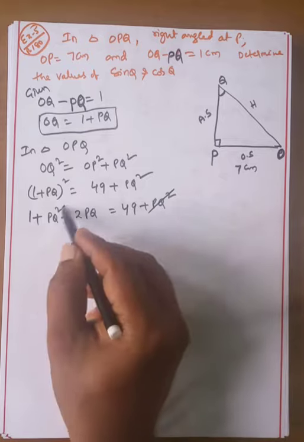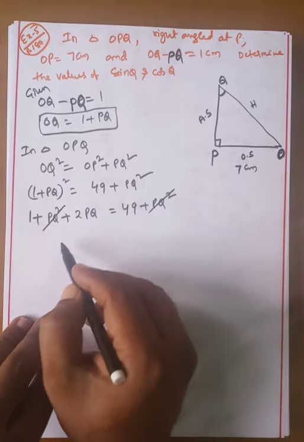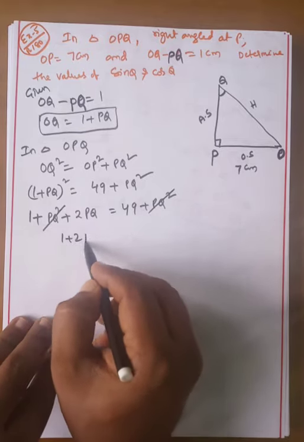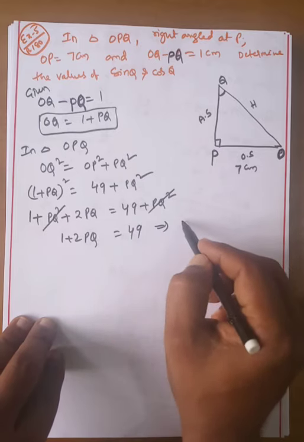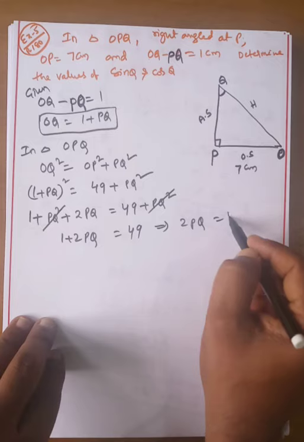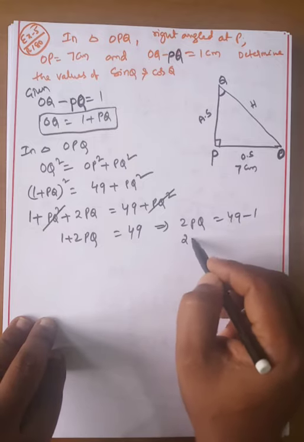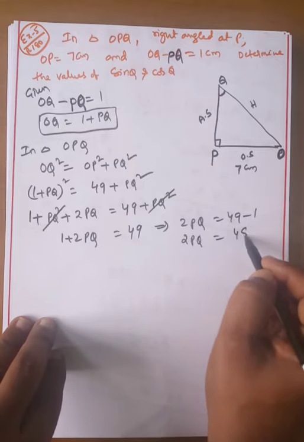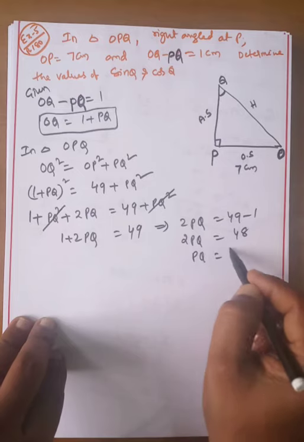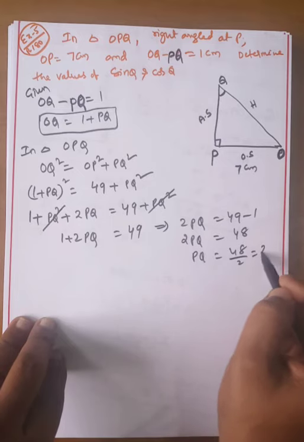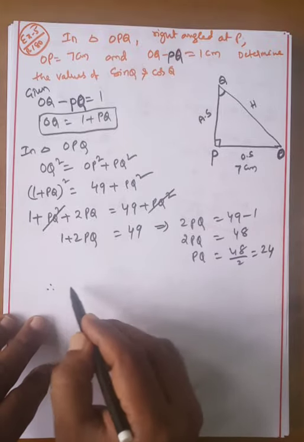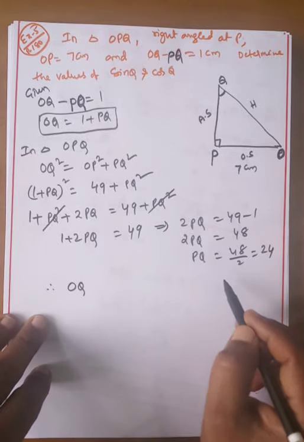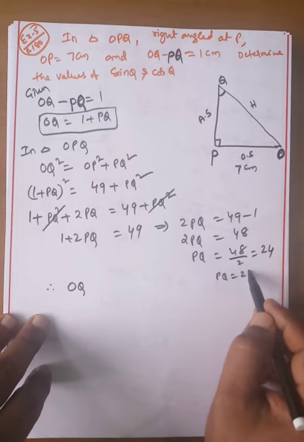Now PQ square cancels. So 1 plus 2PQ is equal to 49. That implies 2PQ is equal to 49 minus 1, so 2PQ is equal to 48. Now PQ is equal to 48 by 2, that is 24.